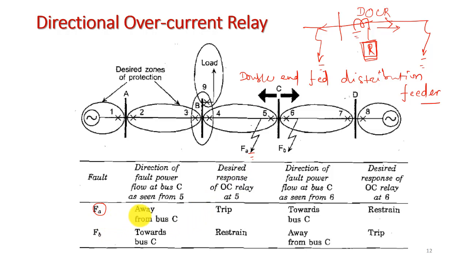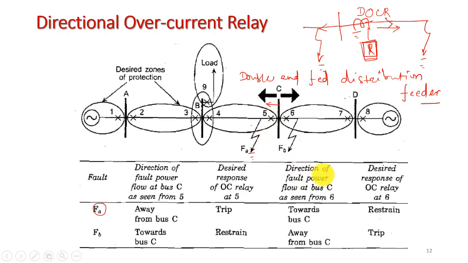For fault FA, it will be away from bus C. If relay 5 sees it, the power flow will be away from bus C. And similarly, the desired response of the overcurrent relay at 5 will be to trip, obviously.